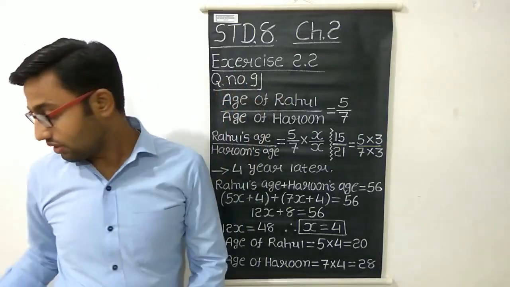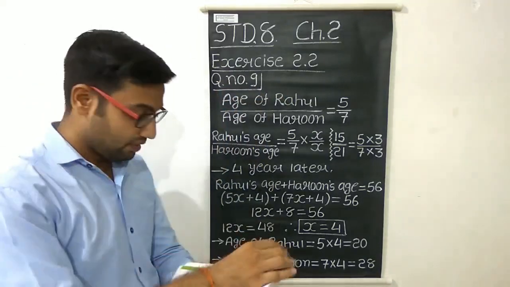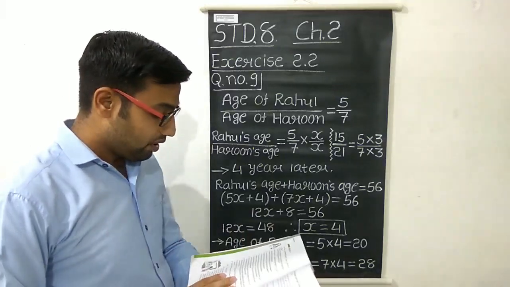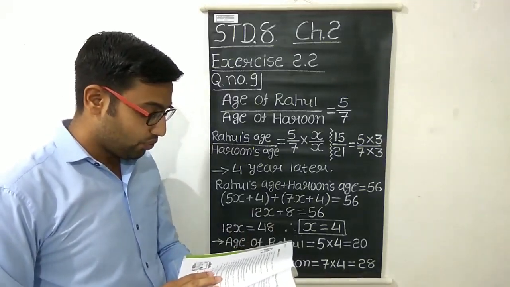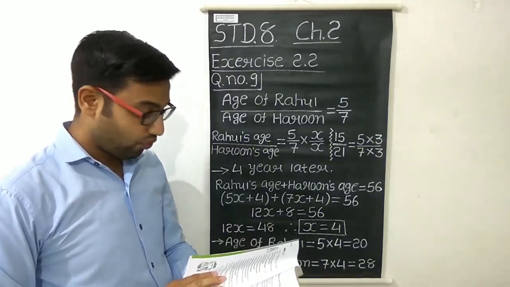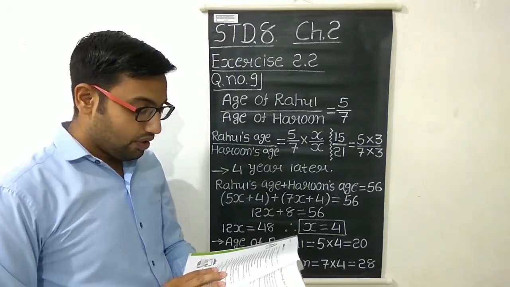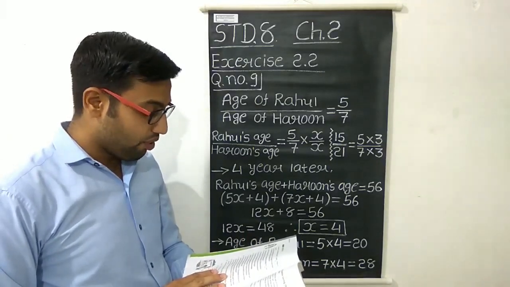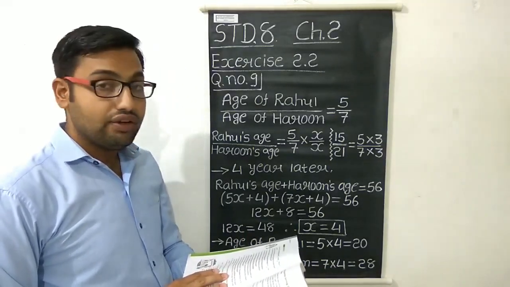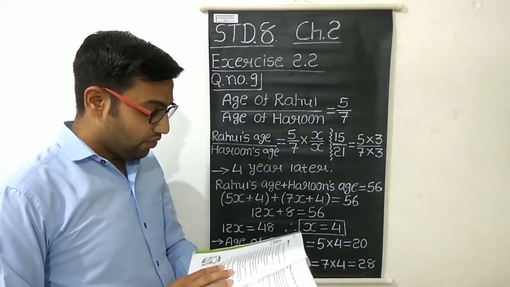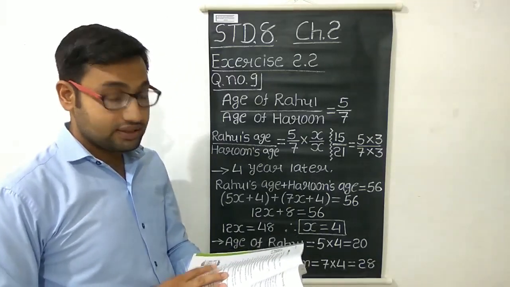What is the question? The ages of Rahul and Harun are in the ratio 5:7. 4 years later, the sum of their ages will be 56 years. What are their present ages?